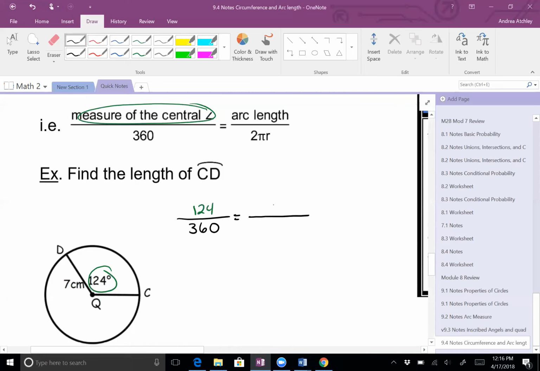That's what I'm looking for. My arc length is the length of CD. So that's my X, over 2 pi times the radius, over the circumference. So I'm going to rewrite that. 124 over 360 equals x over 14 pi.